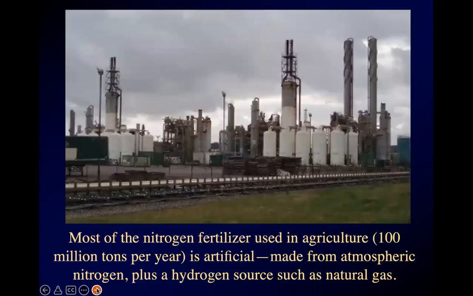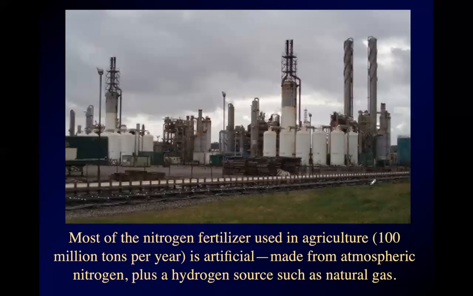Most of the nitrogen fertilizer that you could buy that's used in agriculture is actually made by an artificial process called the Haber-Bosch process. And this is a factory that does it. Of course, nitrogen fertilizer is used in agriculture very extensively. Farmers will spread lots of it on their fields.